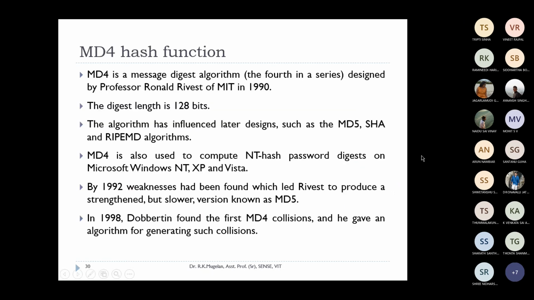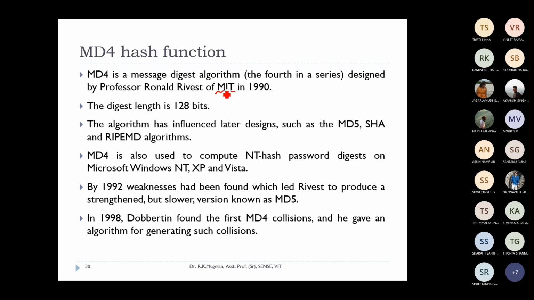Now we move into the MD4 hashing algorithm. How is this MD4 going to work? MD4 is also a message digest algorithm designed by a professor at MIT. If you remember properly, all the inventions of cryptographic algorithms came from MIT only.